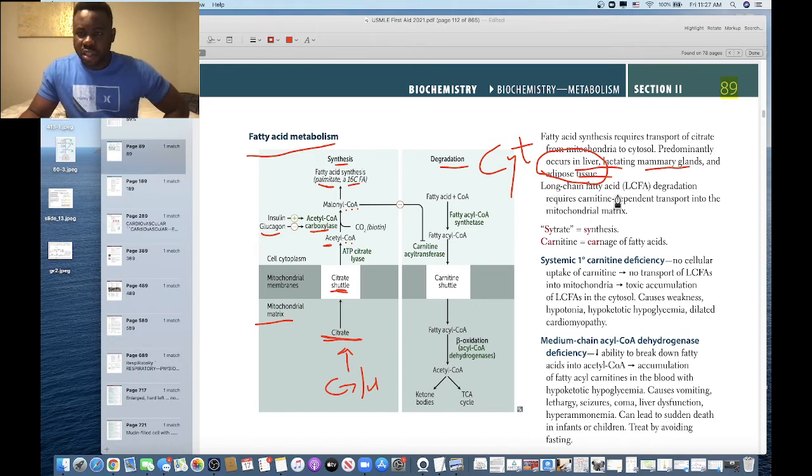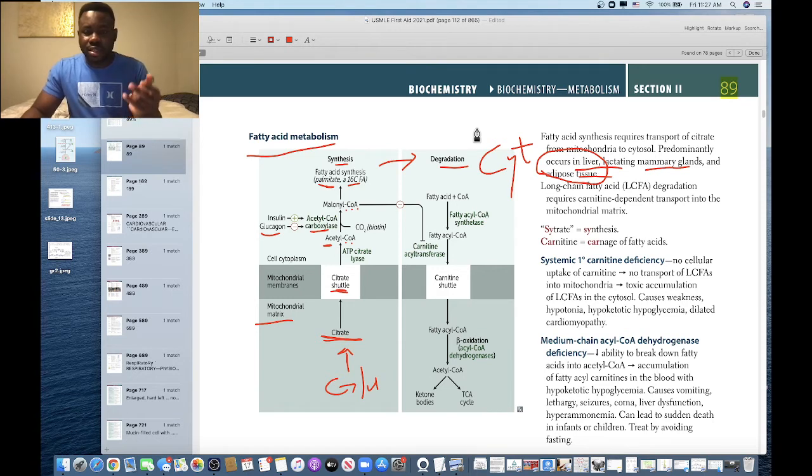And long chain fatty acid degradation requires carnitine. So let's look at the degradation. After we've made it, we can degrade it. So when do we degrade fat? One, when somebody has diabetic ketoacidosis, whereby they cannot metabolize glucose, so they have to metabolize their fat.